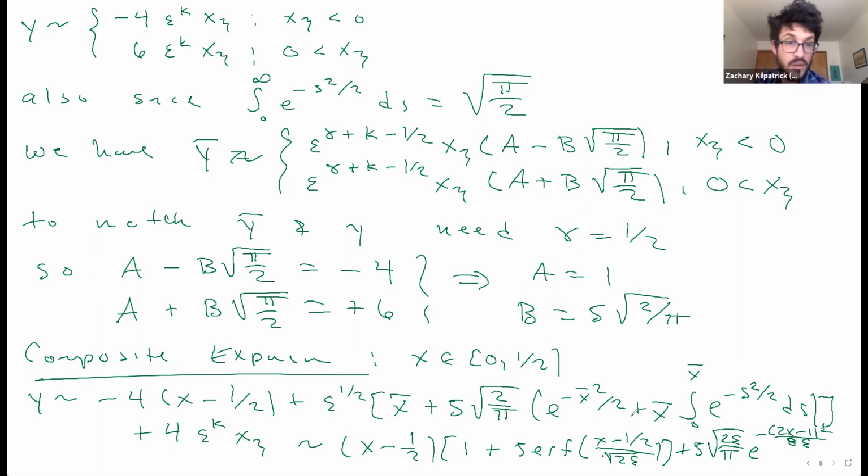Again, we had a jump discontinuity in our derivative in the outer solution. If we differentiate this, we should no longer have a jump discontinuity because the corner layer solution is going to smooth that out. This also works for x from a half to 1. Typically you only need to satisfy the composite solution on the left, and it should extend to the right appropriately.